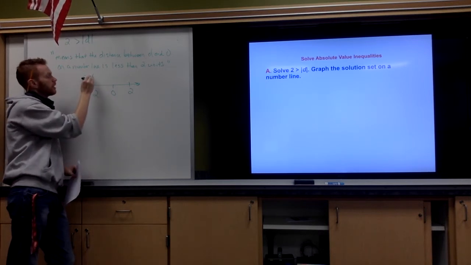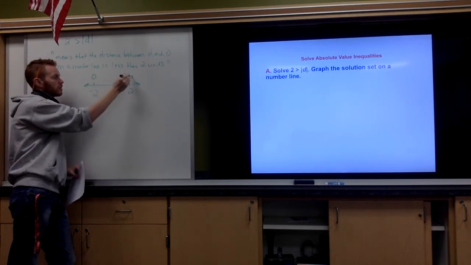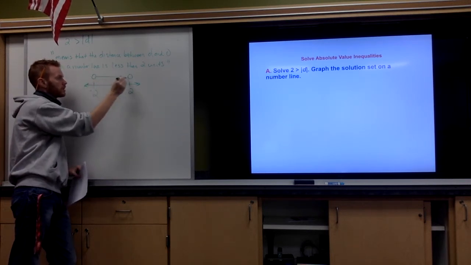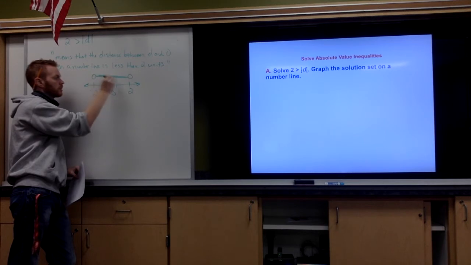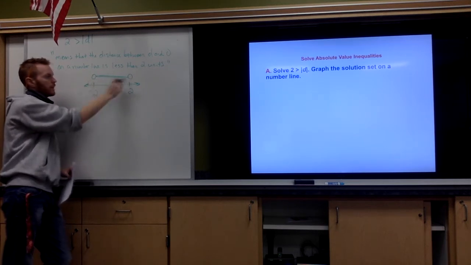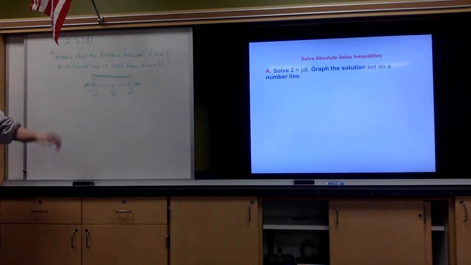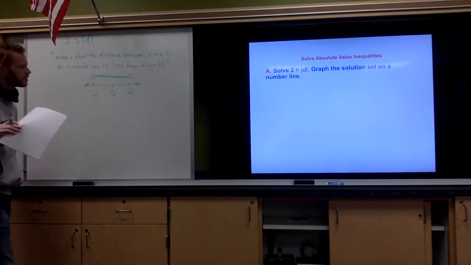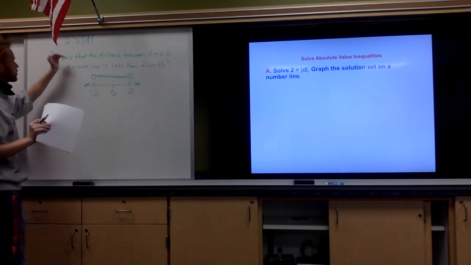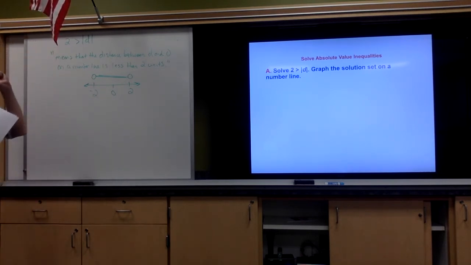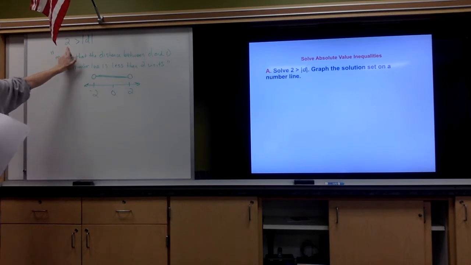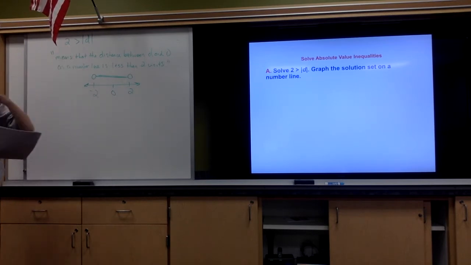So what I'm looking at here is all of these numbers in between negative 2 and 2, but I can't include those two numbers because there's no equal to sign there. Does that make sense? So we're still talking distance, but now we're looking for distances less than or greater than the number that's on the other side of the inequality.